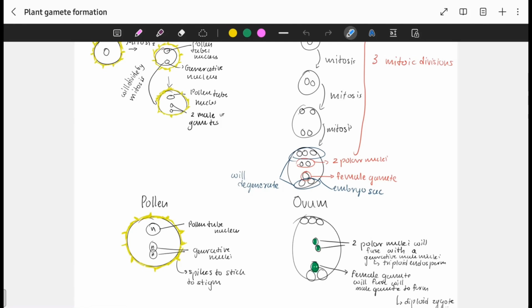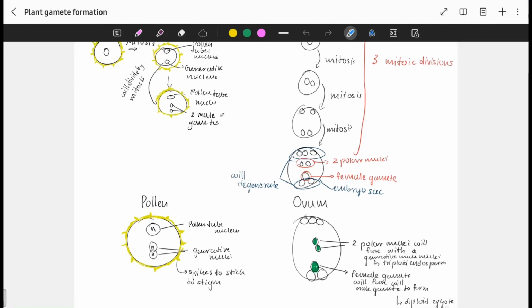They will move the pollen tube to the egg cell, or the ovum, and after the fertilization, they will degenerate. That's all I guess you need to know.